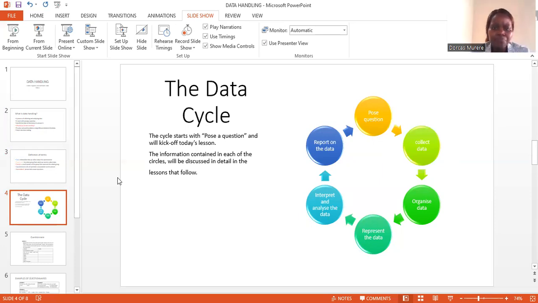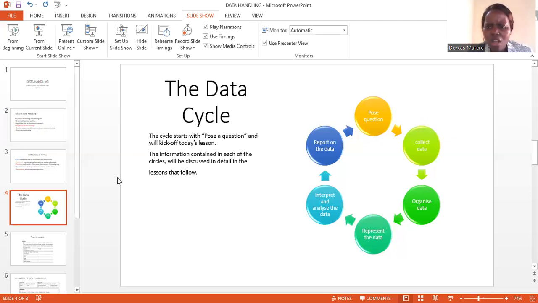In this cycle, you have to pose a question, collect data, organize the data, represent the data, interpret and analyze the data. Then after that, you have to make a report on the results that you got. When you're making a report, you want to answer that question that you came up with first. So that's it for this process. Today we are just going to discuss how you pose a question. The others we are going to do in our next lessons.